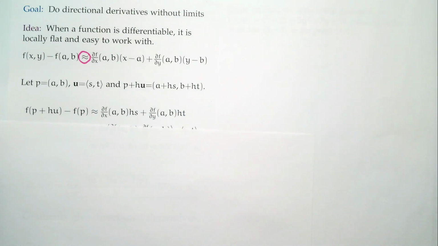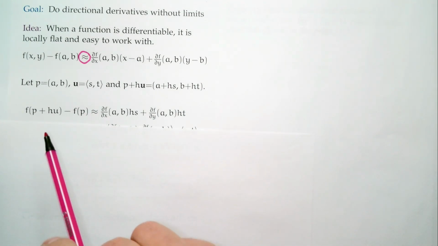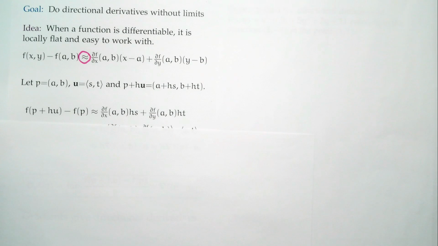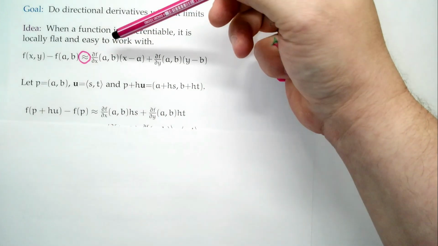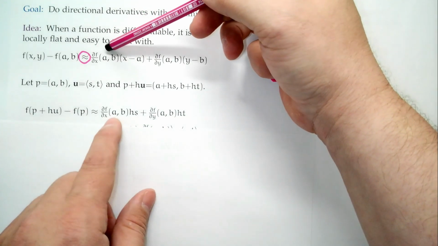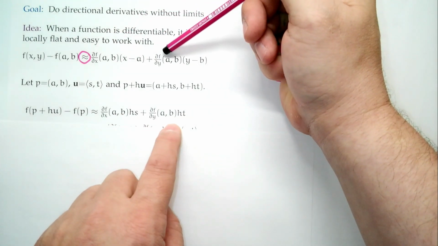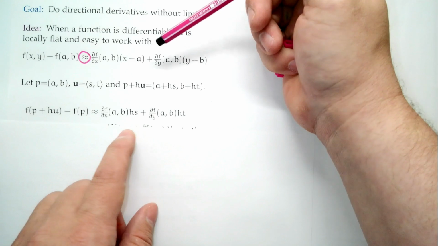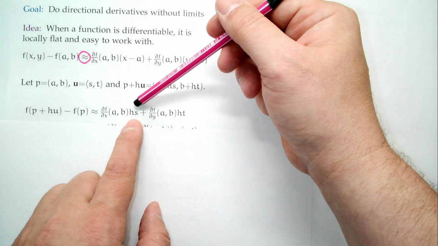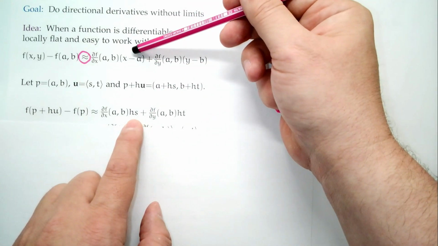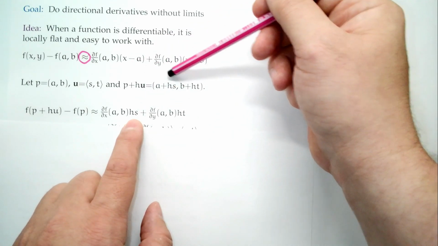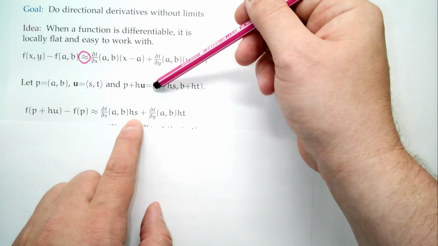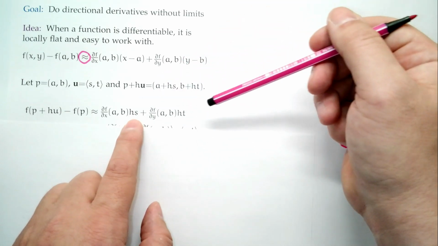So let's find out what happens. So f of p plus hu minus f of p. Well, what do we get? We just come up here and we say, all right, we still have the partial f partial x at a, b, partial f partial y at a, b. Those are the same. But now, look at what the entries become. x minus a. Well, why does it become h times s? Well, it's a plus hs minus a. So that's where the hs comes from.